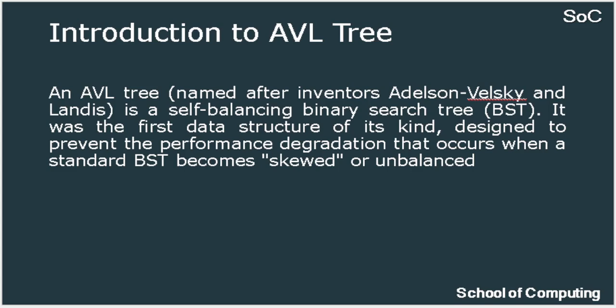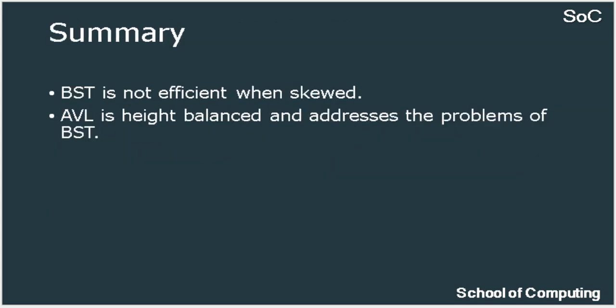So quickly if I summarize, BST is not efficient when it is skewed, and AVL is a height balanced tree and it addresses the problems of BST.